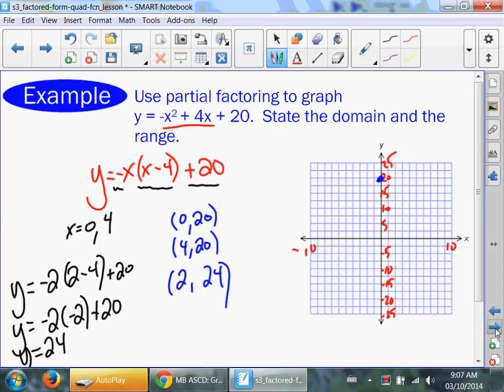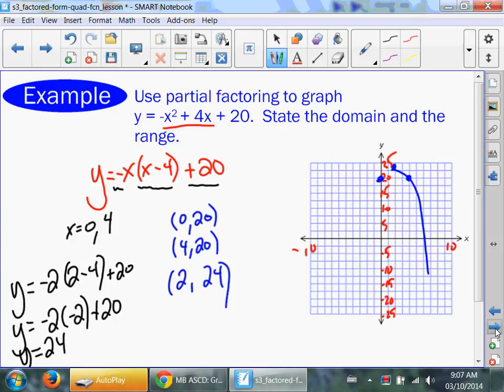So there's 4 and there's 20, so it's going to be right here. And we're going to have 2 and 24, which would be right here. Now we don't know where those zeros are going to be. But what we can do is just draw, like I said, a sketch.